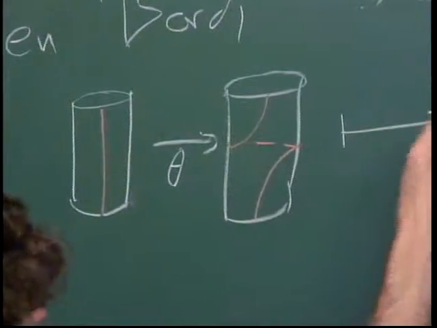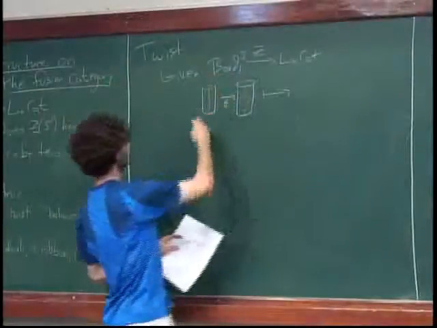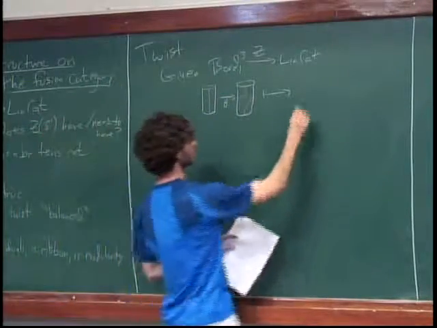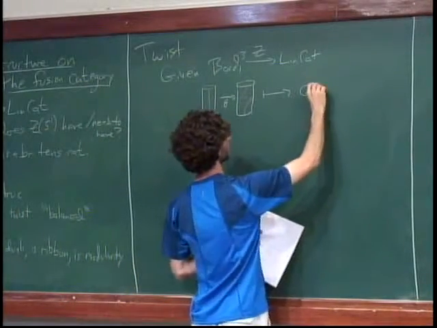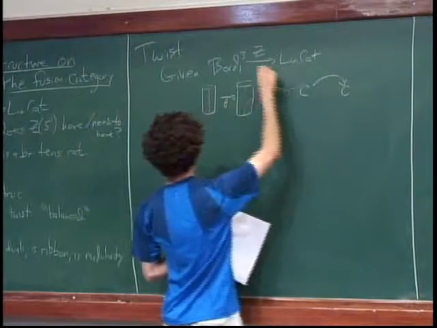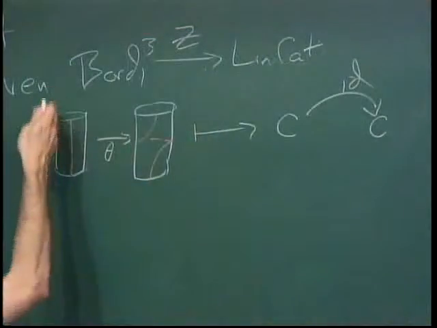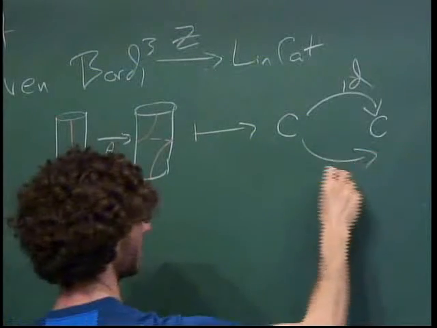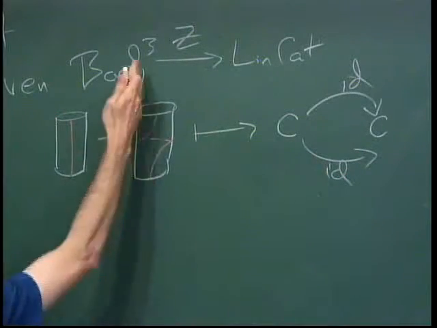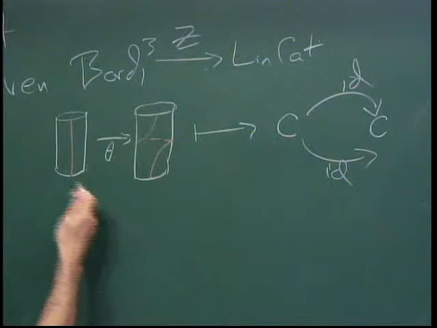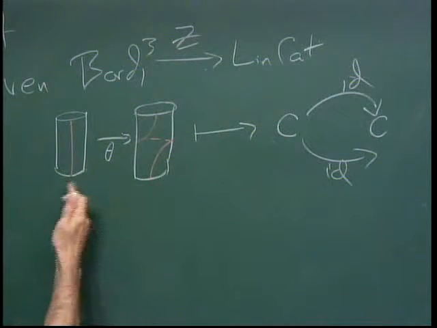And so both of these are the identity transformation. I have the category C, so C is Z of S1. On the one hand, I have the identity, that's this functor, and on the other hand, I have the identity, that's this functor. And then I have a three-manifold between them.